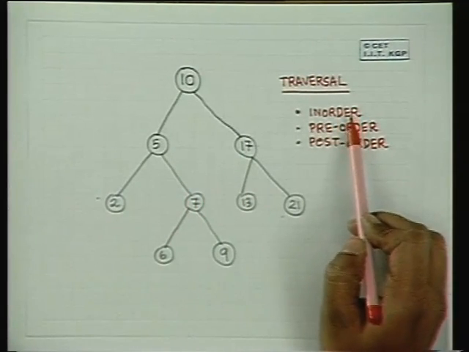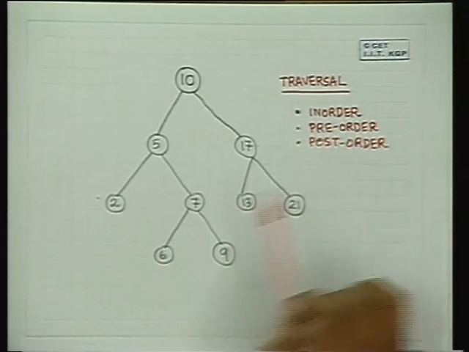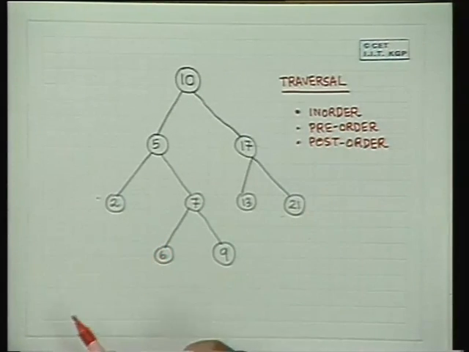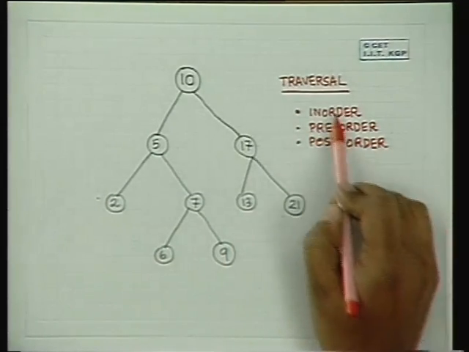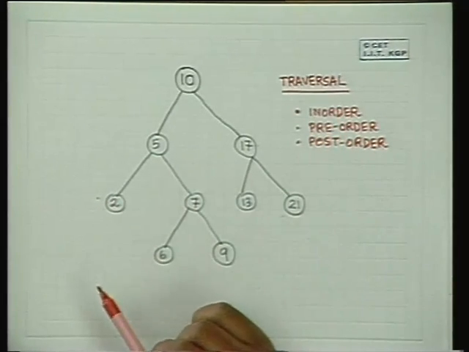So there may be two types of in order, two types of pre-order, and two types of post-order. Pre-order and post-order are different. In order may be of two types.